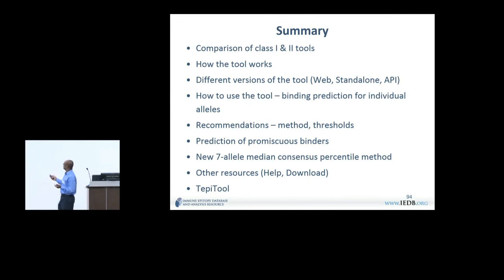And we saw prediction of promiscuous binders, and I explained the new 7 allele method that we developed and identified recently. And we also went through the TepiTool. We will be releasing this by December. We hope to, because the manuscript is under review. Once it's published, it will be available at tools.iedb.org TepiTool.